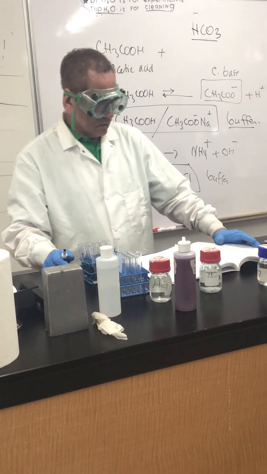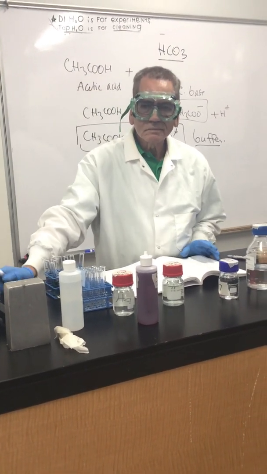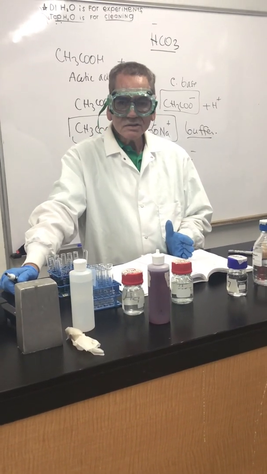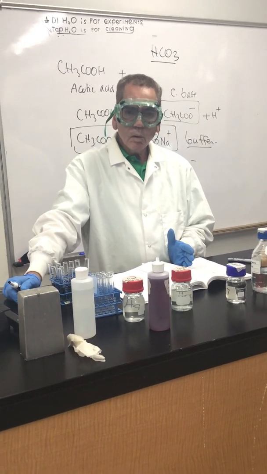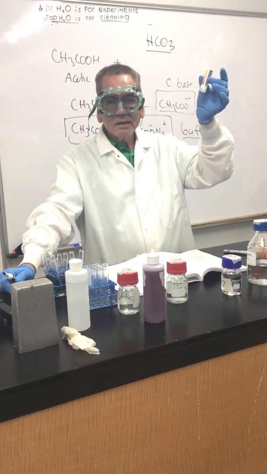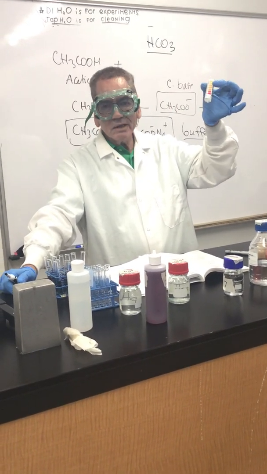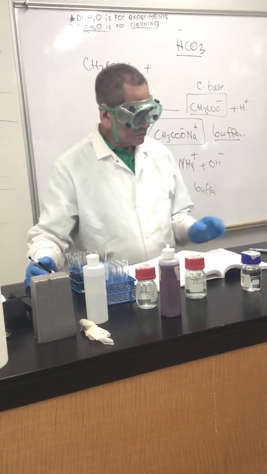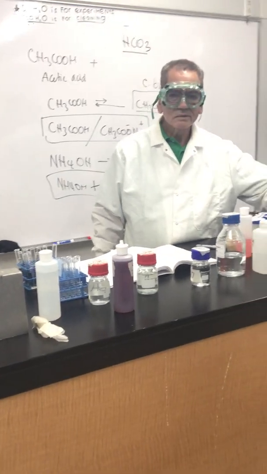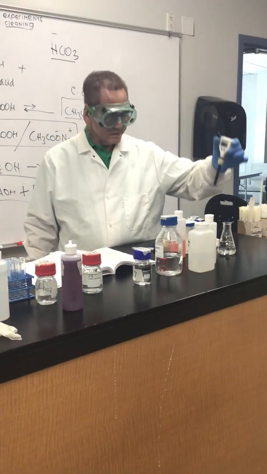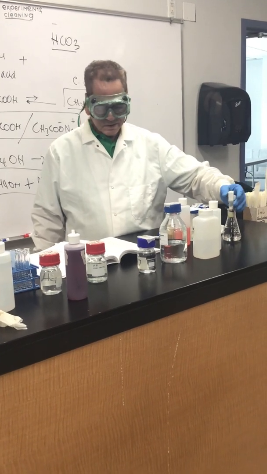We can use an indicator, which has a different color at different pHs, or we can use a pH paper that will give you the color of the pH when you dip it into the solutions, or we can use what we call the pH meter. With the pH meter, you just measure the pH directly. So we're going to try to use these.